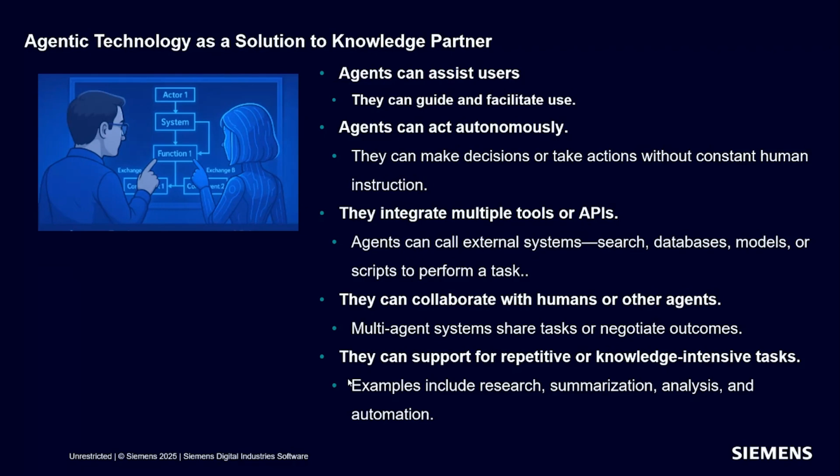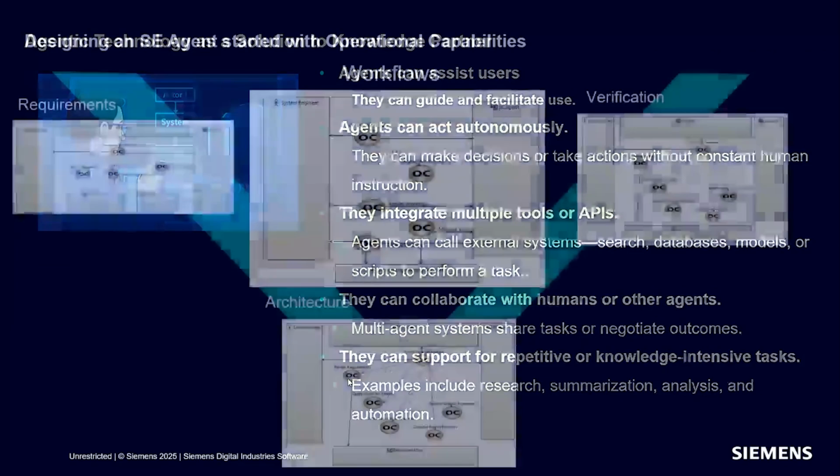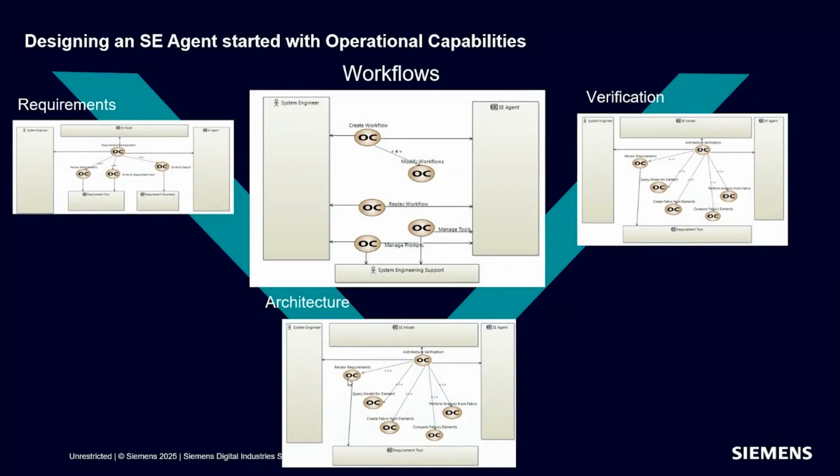This led me then to say, okay, if I'm going to do this, and I'm going to do this right, I need to really develop the solution out. So I started developing some operational capabilities around requirements, some around architecture. Most of these I already kind of knew that I could do, verification. But then one thing I really wanted was this ability of the agent to create a workflow.